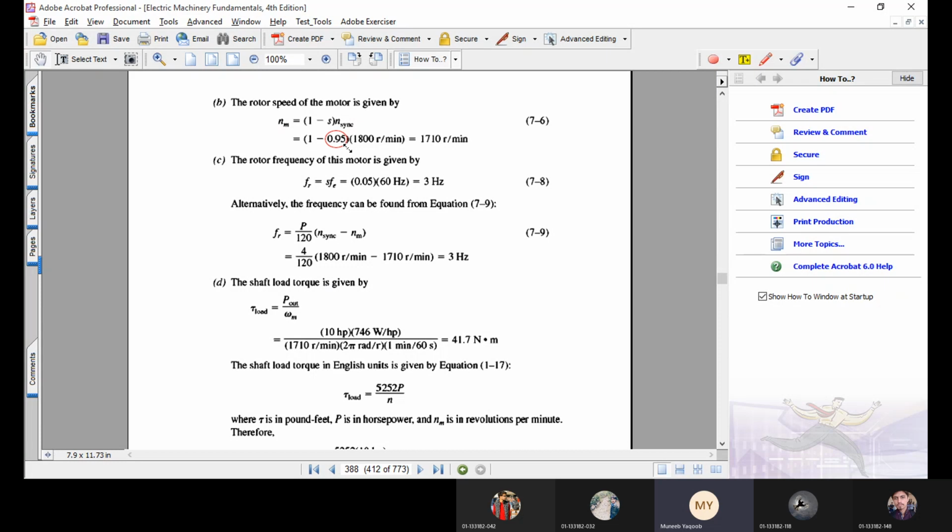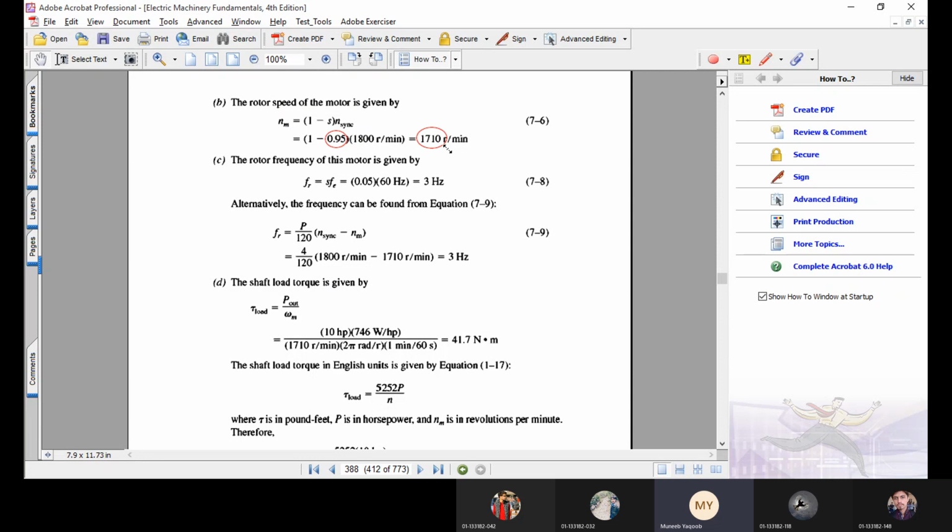Actually, 0.05 should be written here. They calculated using the correct value, but wrote a wrong value here. 1 minus 0.05 gives 0.95, and if you multiply 0.95 with 1800, you will surely get 1710. So the final answer is correct, but mistakenly they wrote 0.95 instead of 0.05. You can make a correction here, because slip was not 95%, slip was 5%.